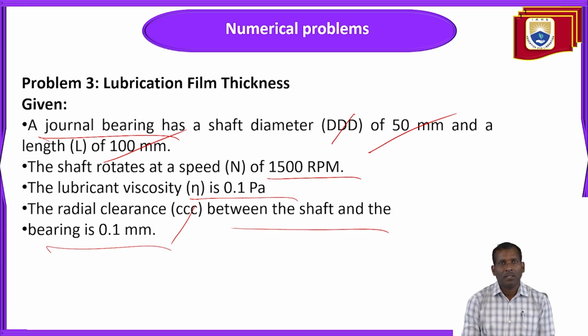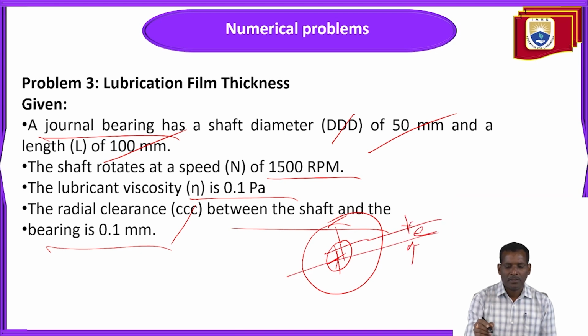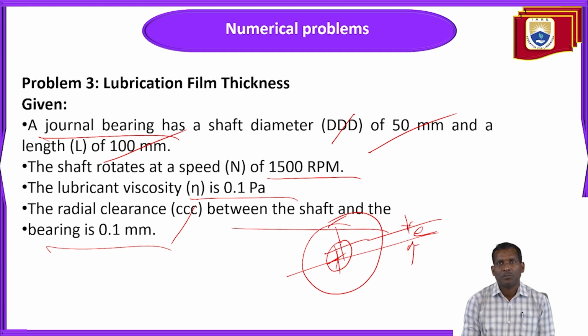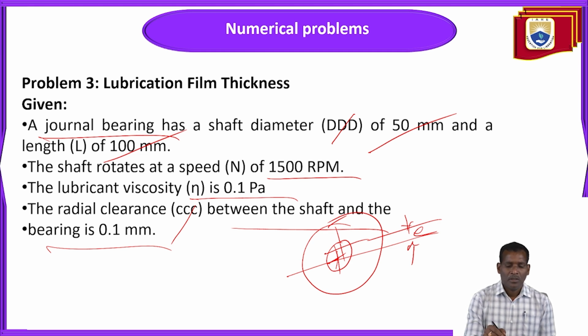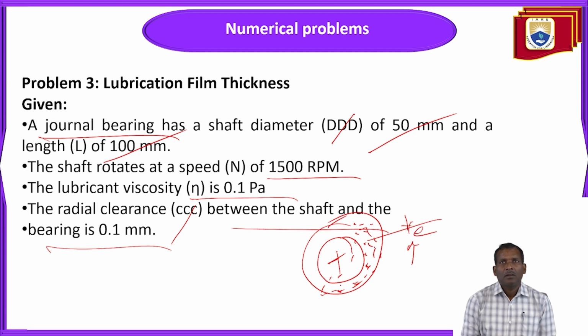So we have seen in the theory part, this is the journal and bearing. The bearing center and the journal center have an eccentricity, the distance between these two centers. Here the lubricant will be present.